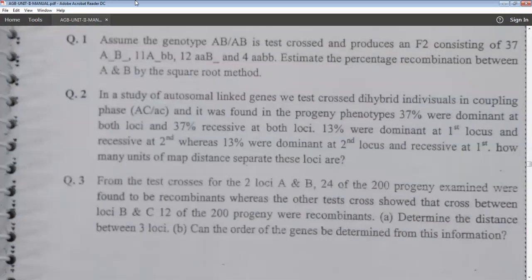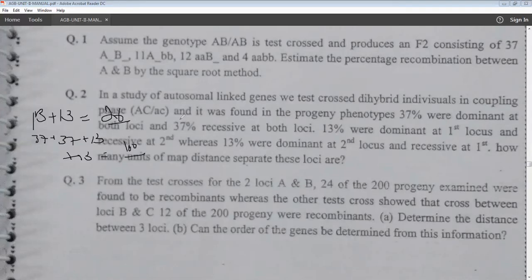So we have 13 recombinants, 13 recombinants, so in total we have 26 recombinants. And the total is 37 plus 37 plus 13 plus 13, that is equal to 100.